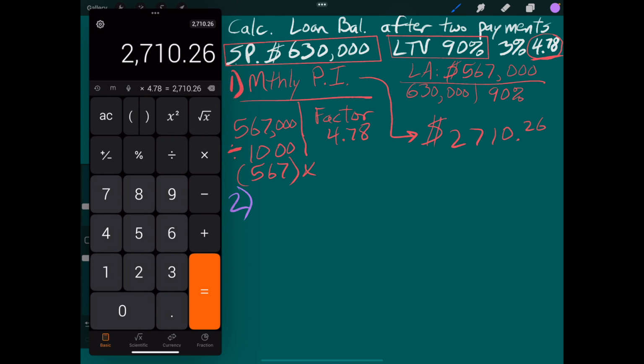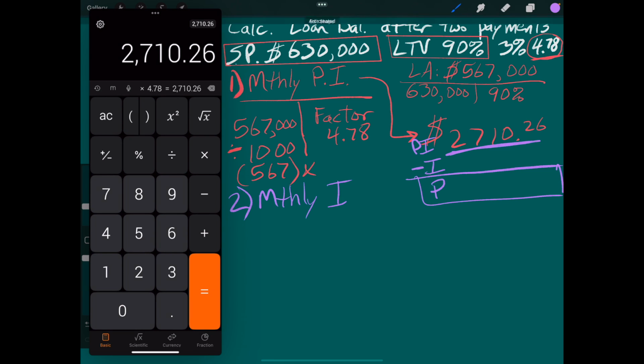Step 2, to calculate the monthly interest only, just the monthly interest. Because if this number is P&I, and then we subtract the I, we're going to be left with just the principal. That's what we're looking for. So, in order to calculate that monthly interest, we need the loan amount again, this 567.